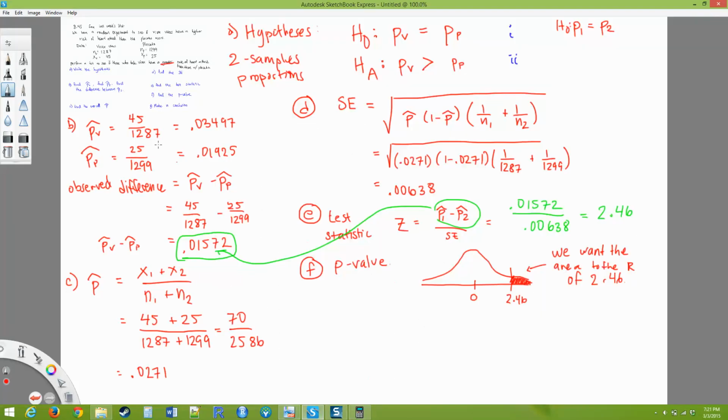So from the table, the area to the left of 2.46 is 0.9931. So the area that I'm looking for is 1 minus 0.9931, and I get 0.0069. So this is my p-value.